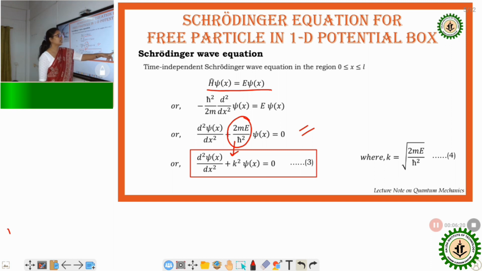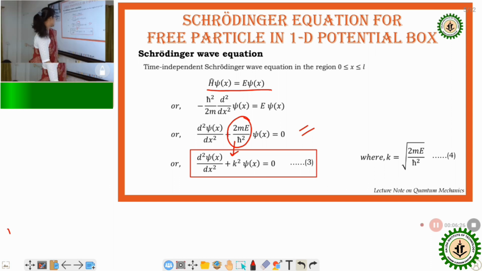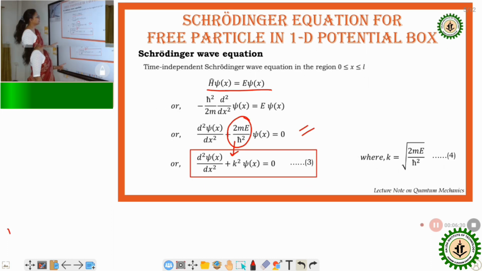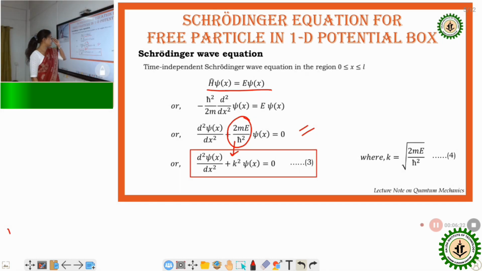This k is related with E, that means the energy. Now see, this is the differential equation. Equation number 3 is the differential equation, d2 psi of x by dx square plus k square psi of x is equal to 0. It is similar to a simple harmonic motion.